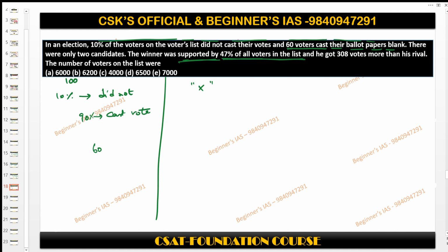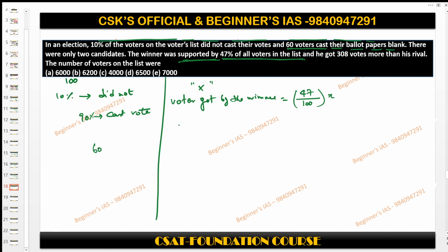So the votes got by the winner is 47% of X.